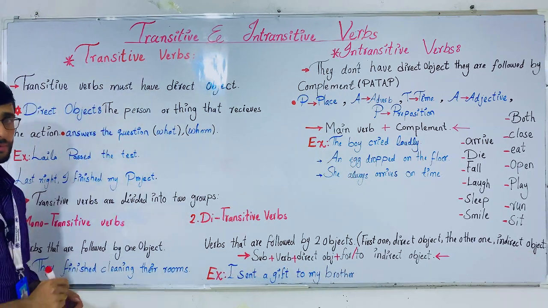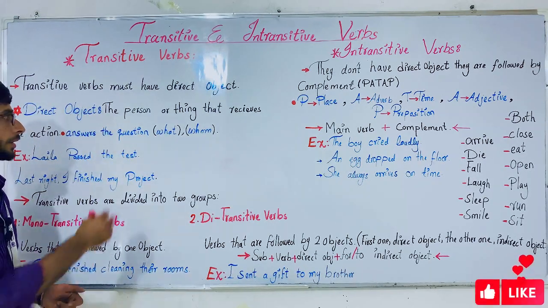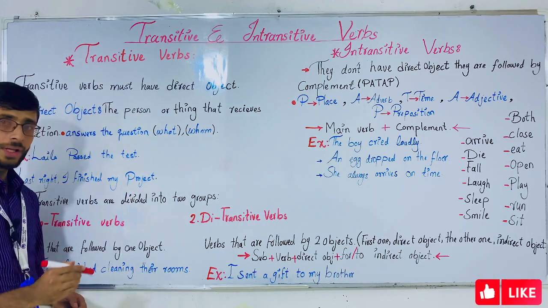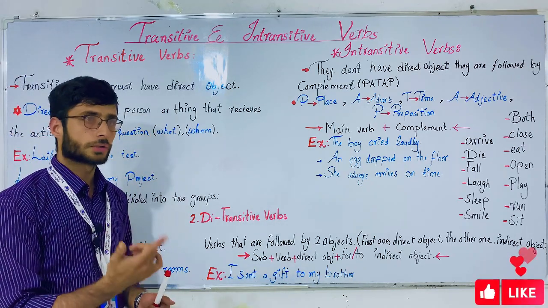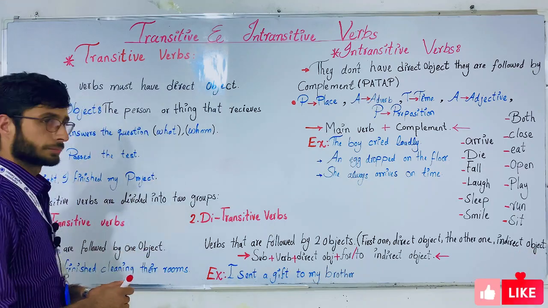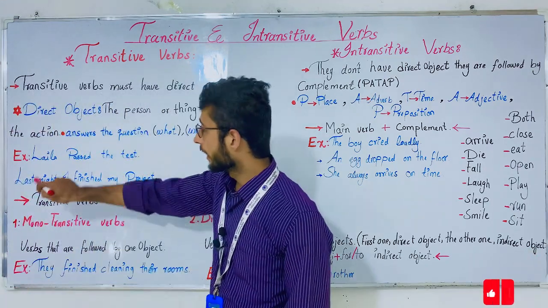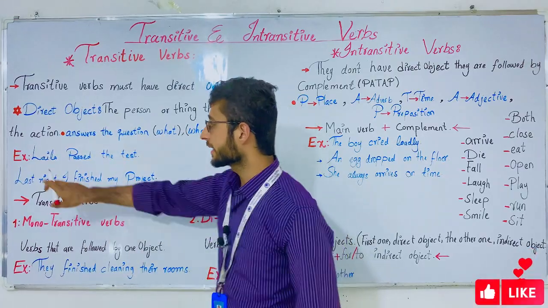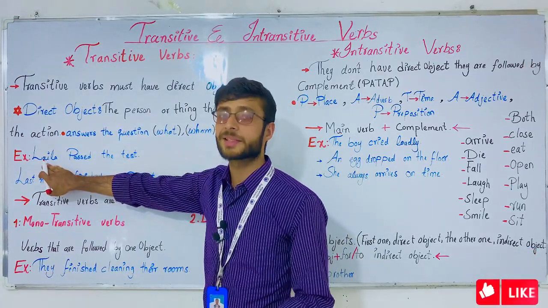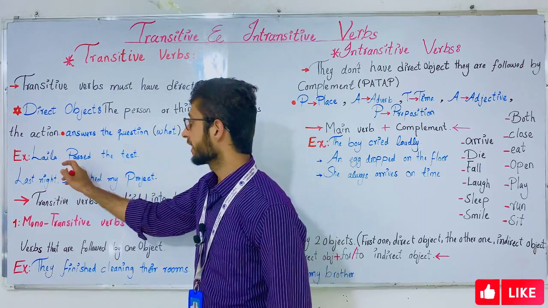Mostly, a direct object must answer what or whom. When they answer what and whom, these are called direct objects. Like these examples. Layla passed the test. Okay, what is Layla? You know that it is the subject of the sentence. What is passed?